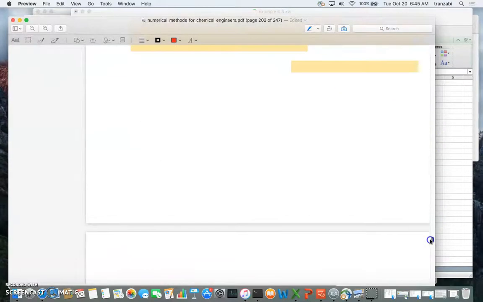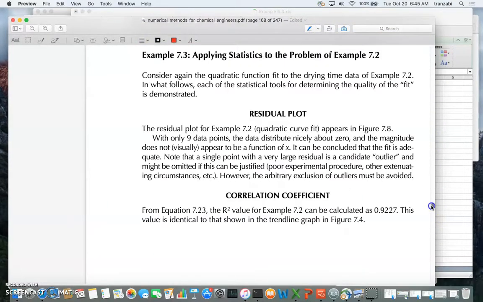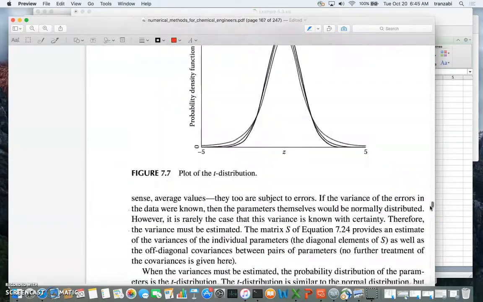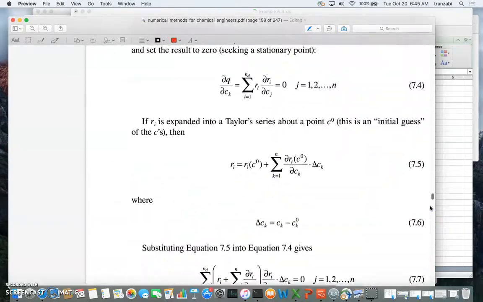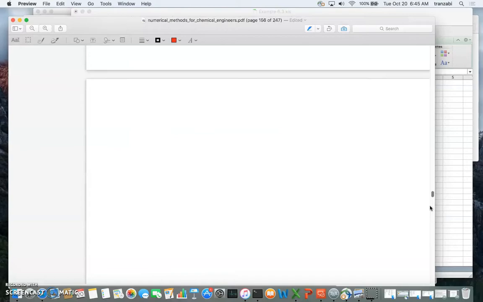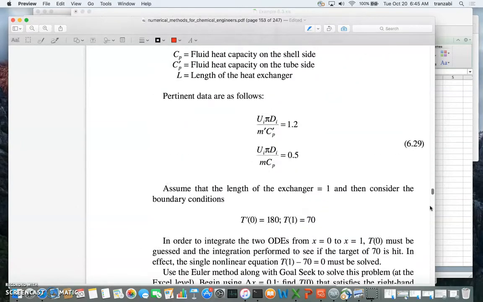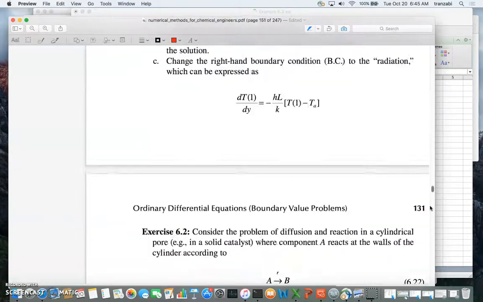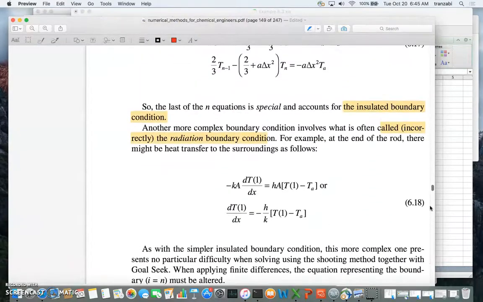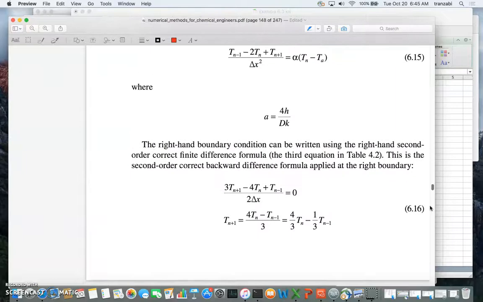So I'm going to go ahead and do that on page 125, which should be right here. Yep, okay.